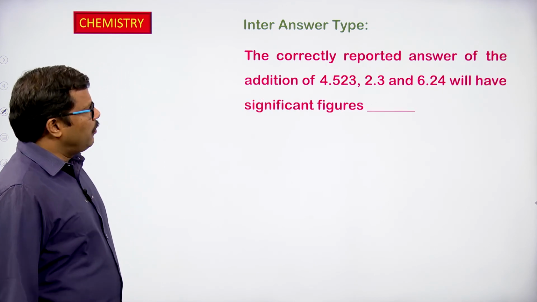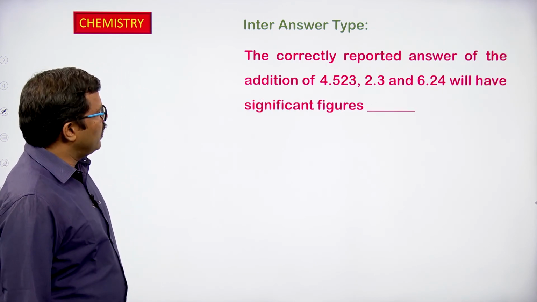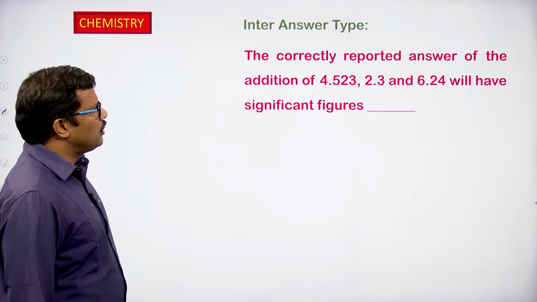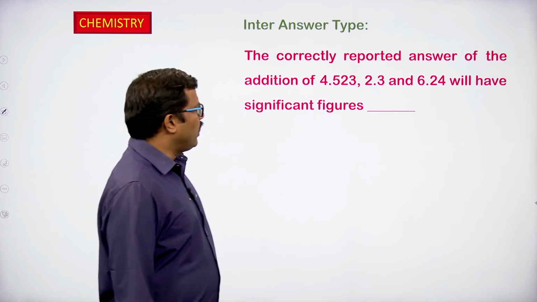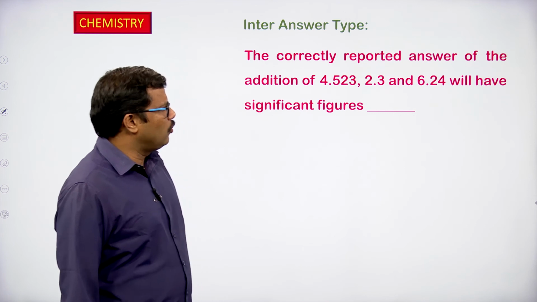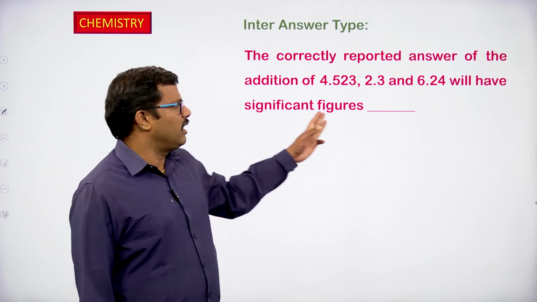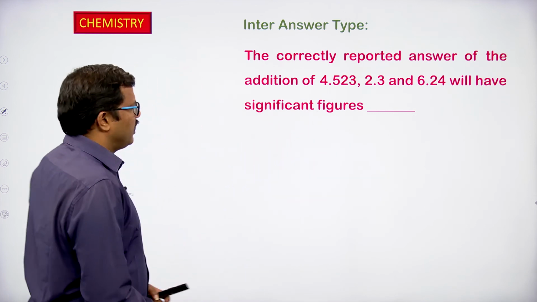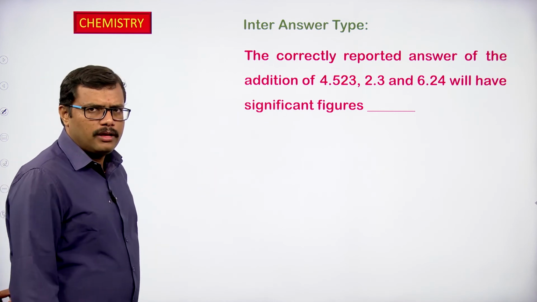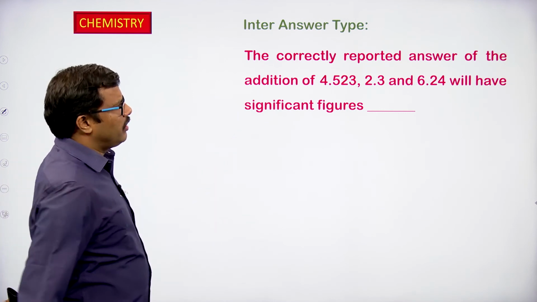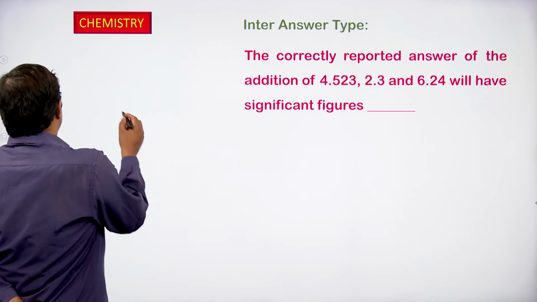The correctly reported answer of the following addition 4.523, 2.3 and 6.24 will have how many significant figures? How many significant figures are present in the answer that we are going to get by the addition of the numbers?